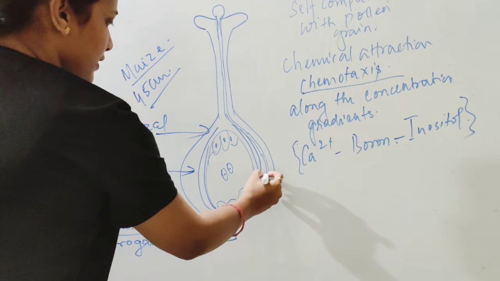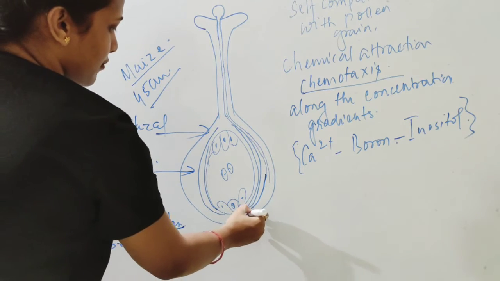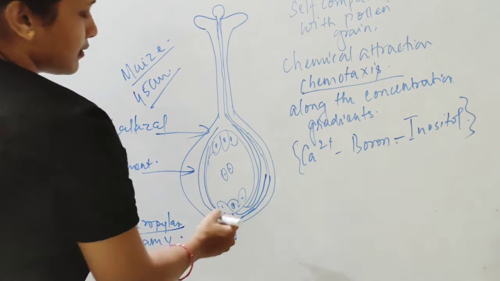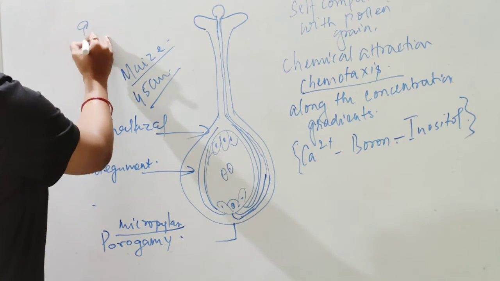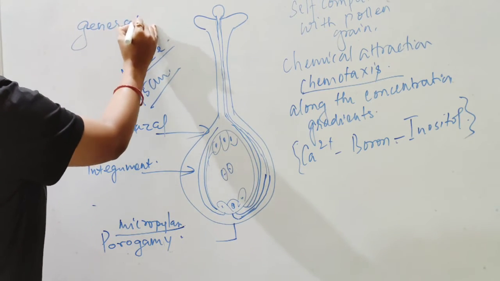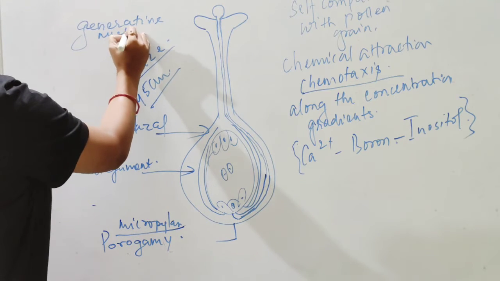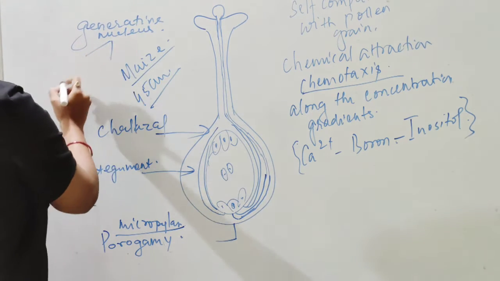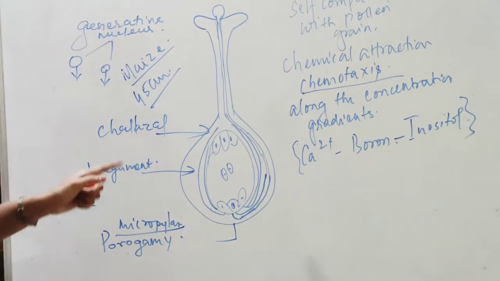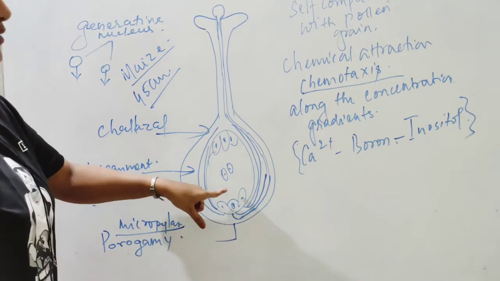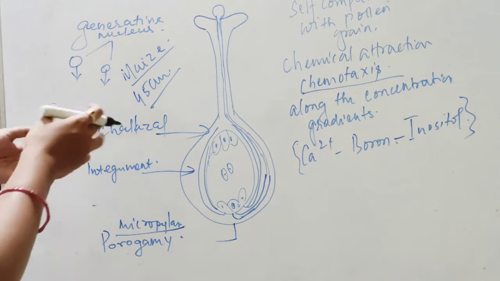Now inside this pollen tube, as I said, the pollen tube brings the male gametes. The generative nucleus divides into two male nuclei or two male gametes, which find their way into this entire ovule.